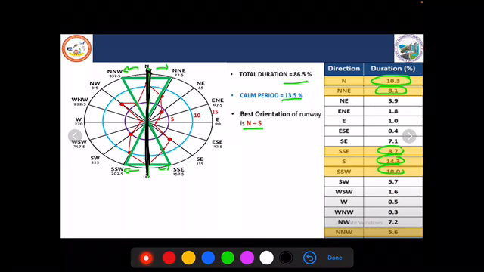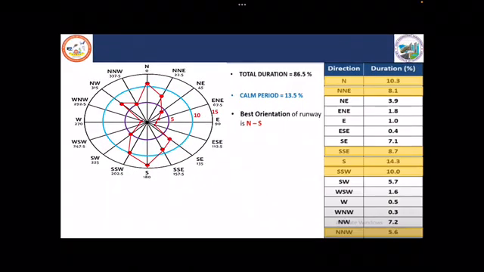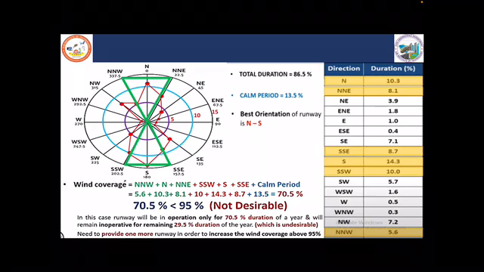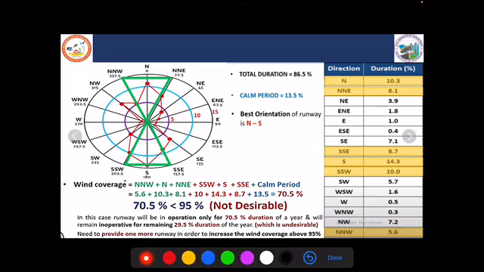Now we have to determine the total wind coverage if I locate the runway in the north-south direction. For that purpose, I'll consider the wind coverage from the north direction, the north-northeast direction, then the south-southeast direction, the south and south-southwest, and then north-northwest.